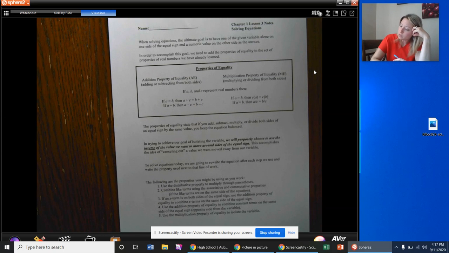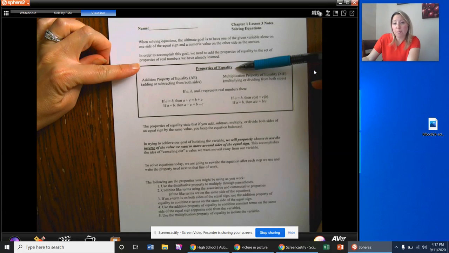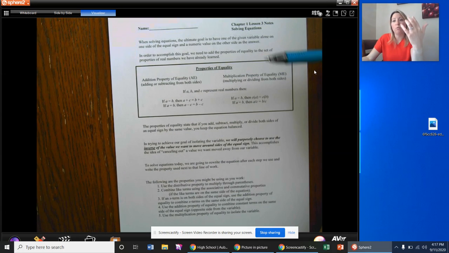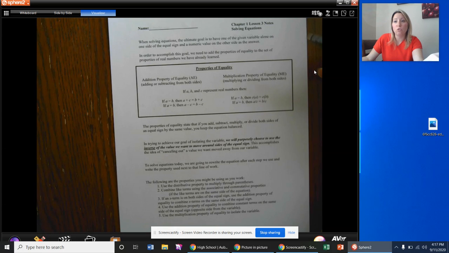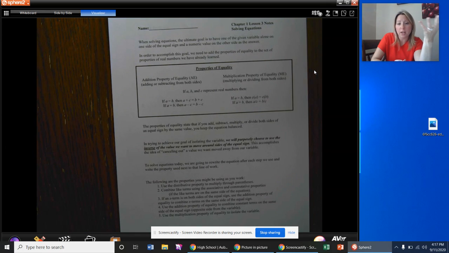Let's first start with the properties of equality. Chapter 1, Lesson 2's video talked all about properties of real numbers. There were 10 properties that all real numbers had.